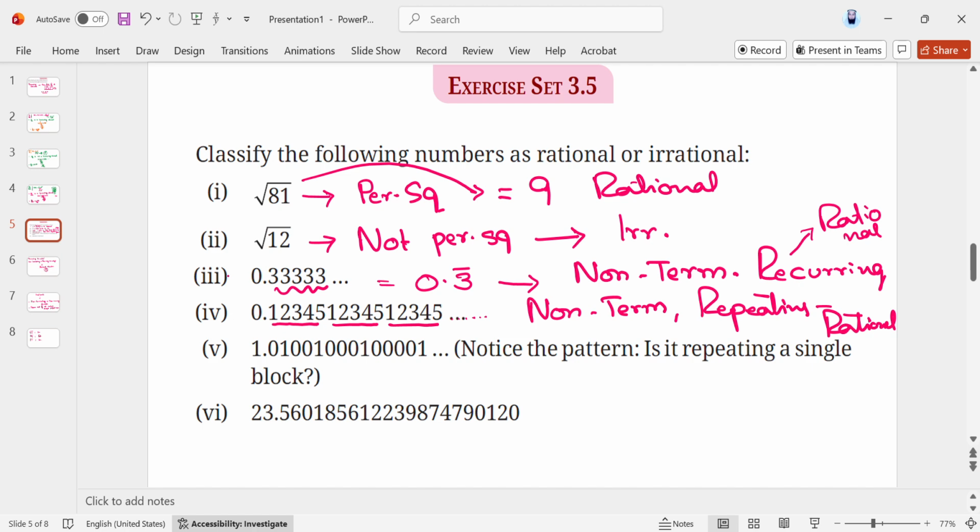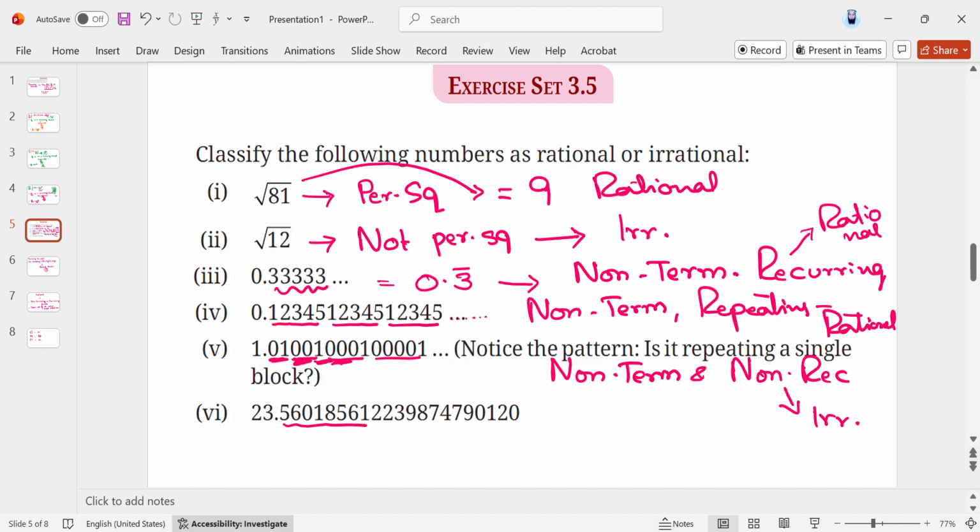Now here, 1.010010001000001. Is any particular decimal part repeating over here? No. If I take 0.01, it is not 01 again. Here you have 10 with double zero, so it is not repeating. Therefore it is non-terminating and non-recurring, so it will be an irrational number.